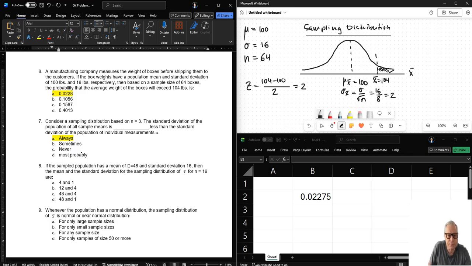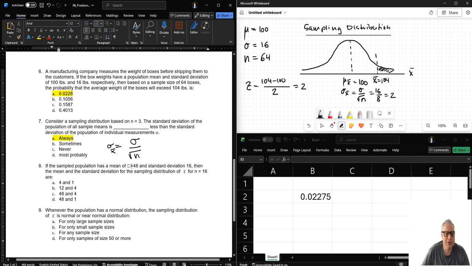Because the standard error of a sampling distribution from the population is equal to the population standard deviation over the square root of n. And of course, if n is greater than 3, the denominator is greater than 1, so it always must be less than the population standard deviation.